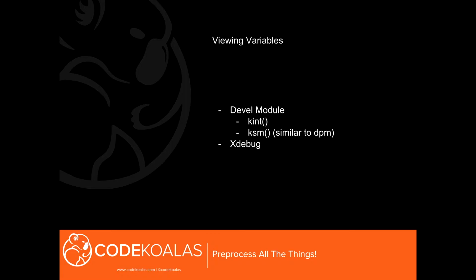However, in Drupal 7 or Drupal 8, which I'm mostly talking about today, they're kind of similar in all of this. But for Drupal 8, the Devel functions are kint or KSM, and what you would do is go inside that preprocess function we've created, function myTheme preprocess BEF radios, and inside that function you could call kint or KSM on the variables.